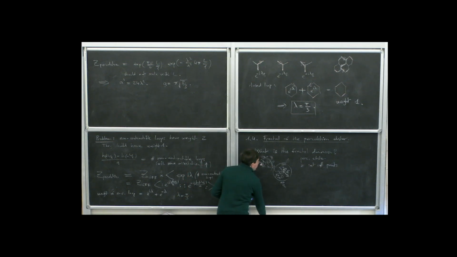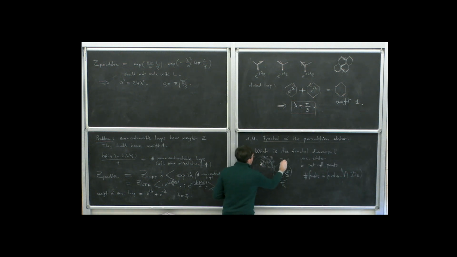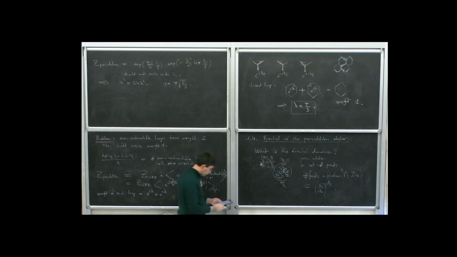And the point is that the number of points in the cluster and in this disk of radius epsilon, the number of points in that region, we expect this to scale as epsilon over a naught to some exponent, and this exponent is the fractal dimension, d_f.